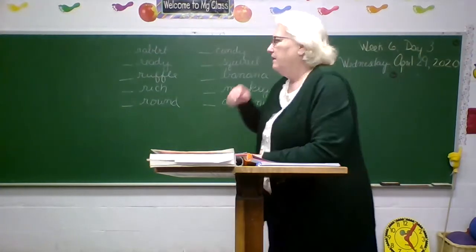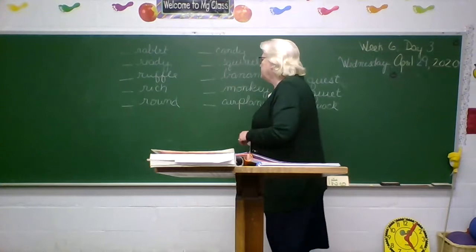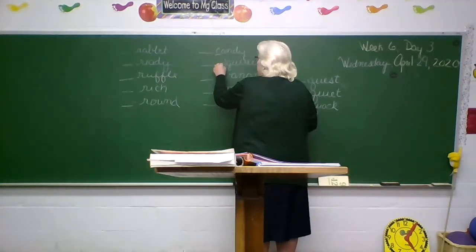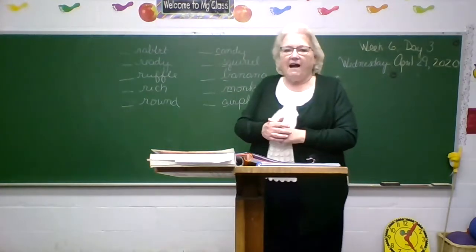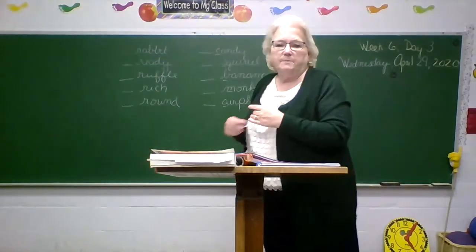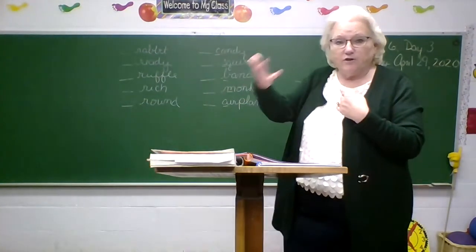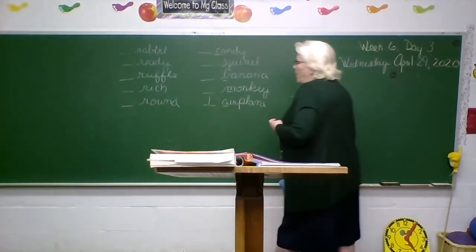Okay. When we do this, let's look at the first letter of each of these words. We have a C, S, B, M, and A. And according to the order of our alphabet, which one of these words begins with the letter that would be first in the alphabet? And it would be A, airplane. So I'm going to put a number 1 by it.